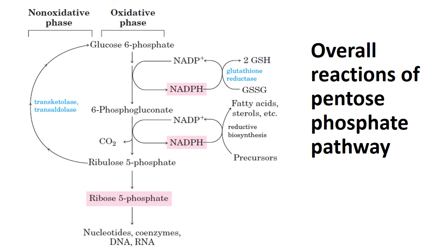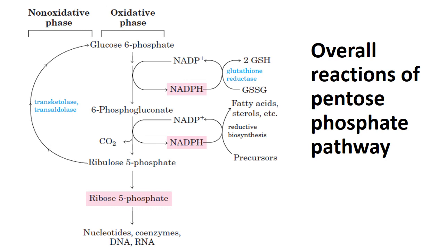So NADP is reduced into NADPH, and that NADPH is again oxidized into NADP when there is a utilization of glutathione by glutathione reductase, and it causes reduction of glutathione GSSG into glutathione GSH. So NADPH formed in the oxidative phase is used to reduce glutathione GSSG and to support reductive biosynthesis.